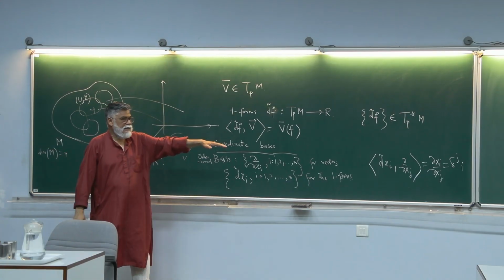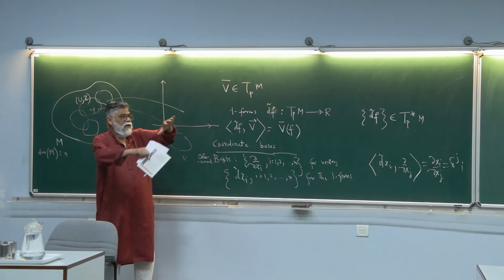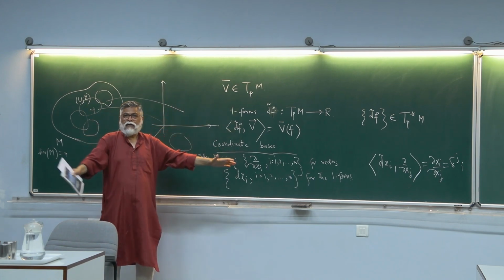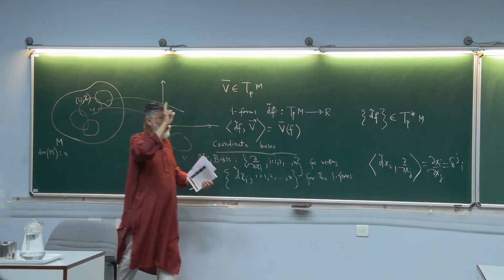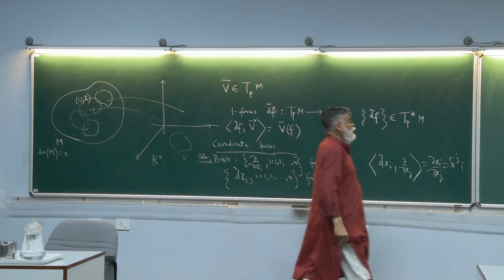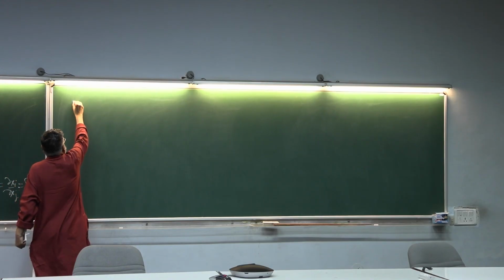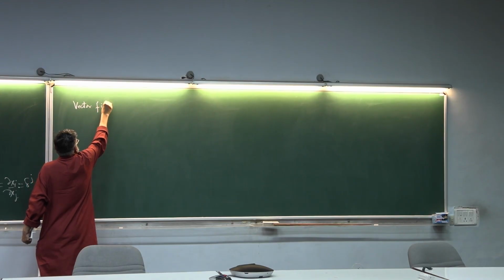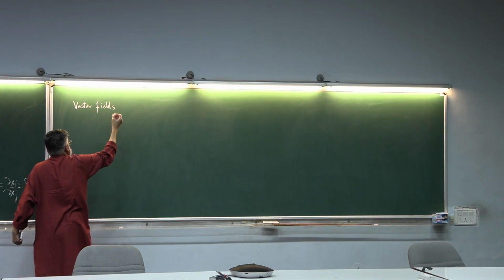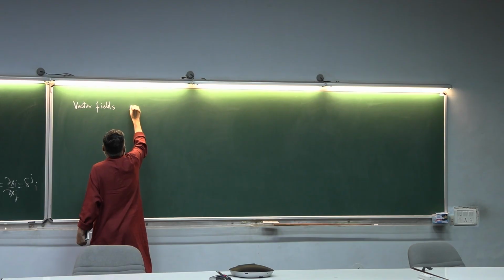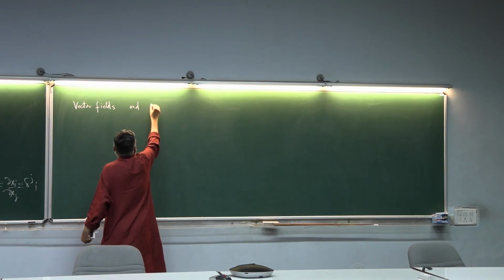Similarly, one form fields are defined everywhere on the manifold. So now we are talking about the full manifold, vector fields, and dual vector, or one form, fields.